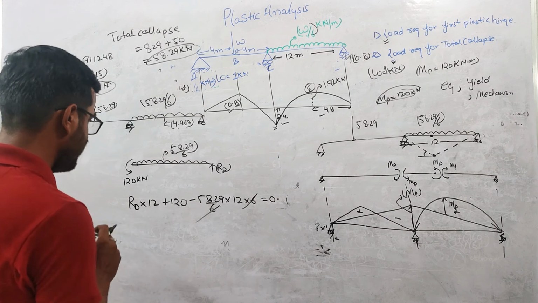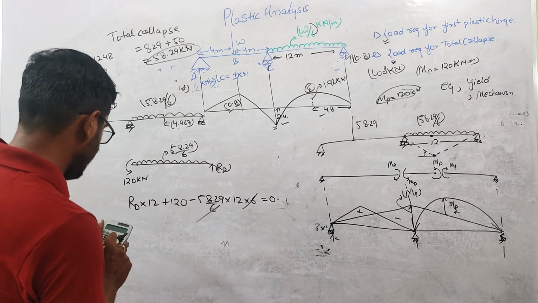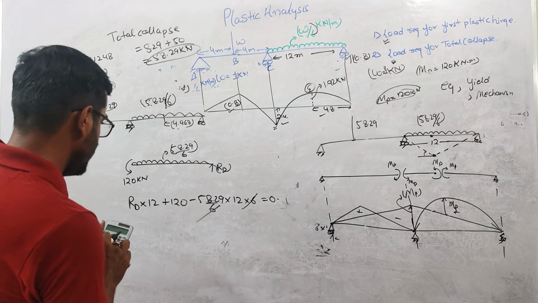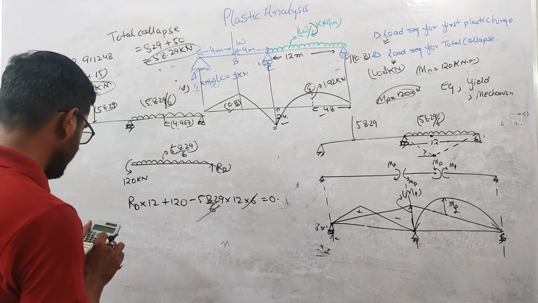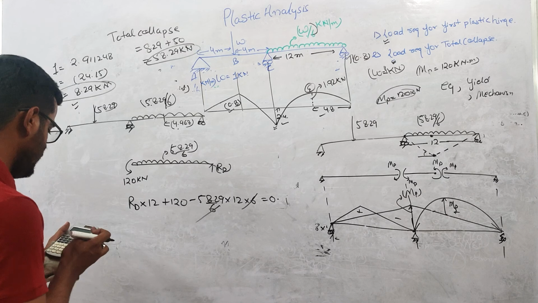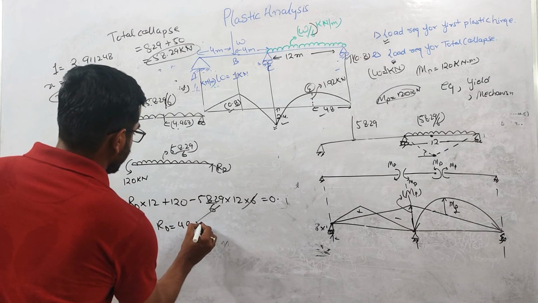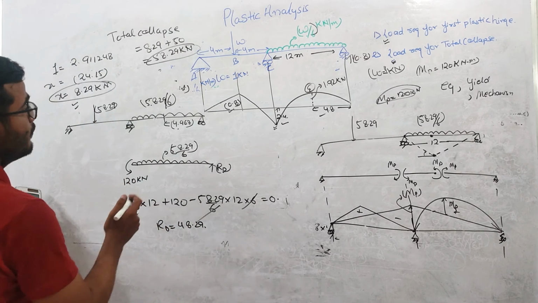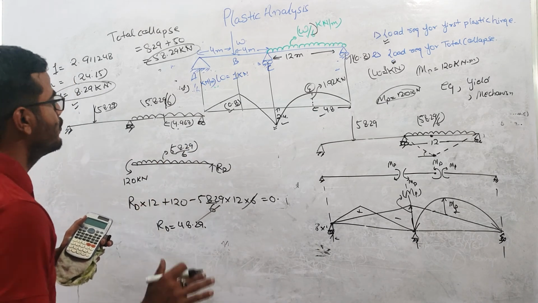So this value will be 120 minus 58.29 into 12, divided by 12. So RD comes out to be 48.29.